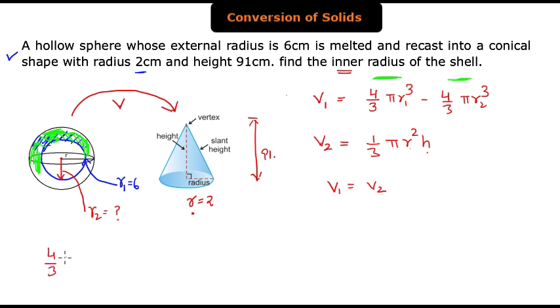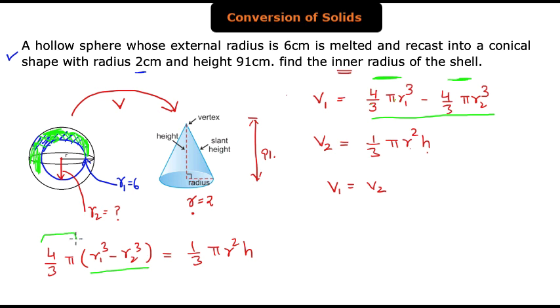4 by 3 pi (r1 cube minus r2 cube) is equal to 1 by 3 pi r square h. How did I get this one? Is simply by applying the reverse distributive principle on this expression. 4 by 3 and pi are common. They come out, right?